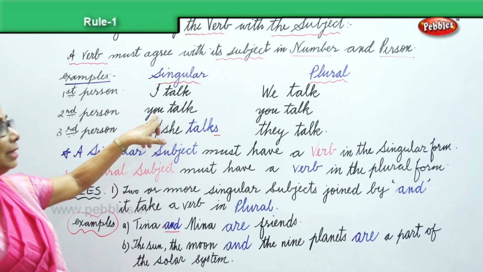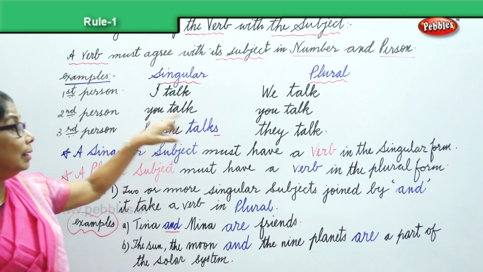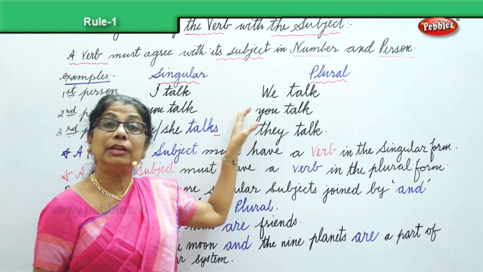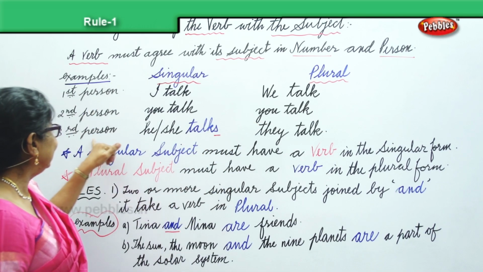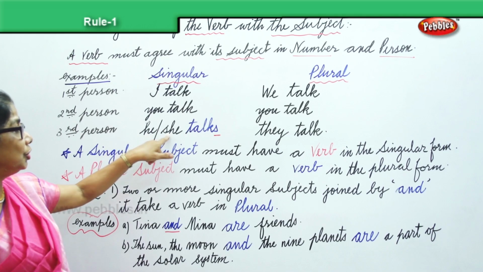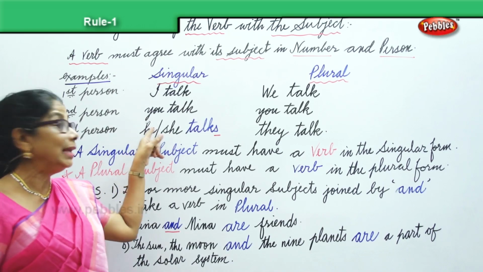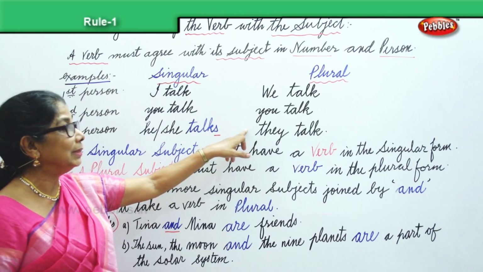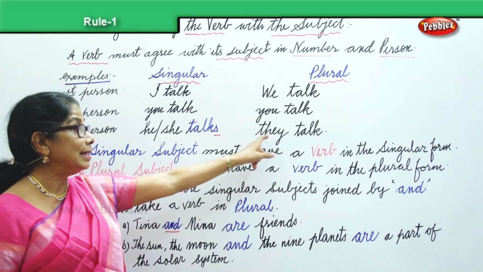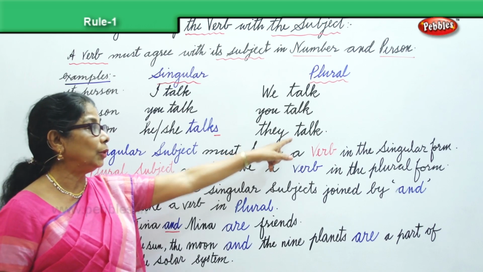In the second person, we say, you talk. Again, in the plural, we say, you talk. And in the third person, he or she, we say, he talks, she talks. And in the plural form, we say, they talk. The number is more, but look at the verb.